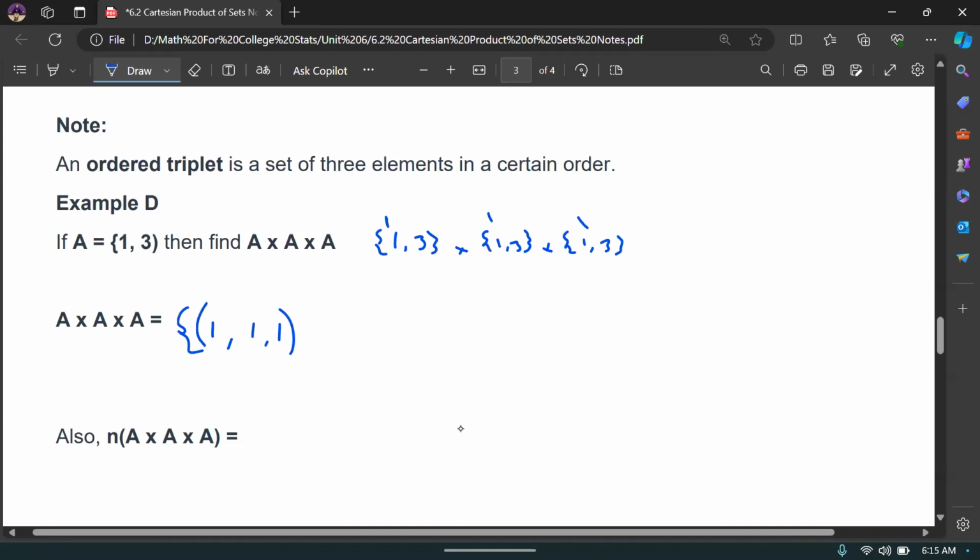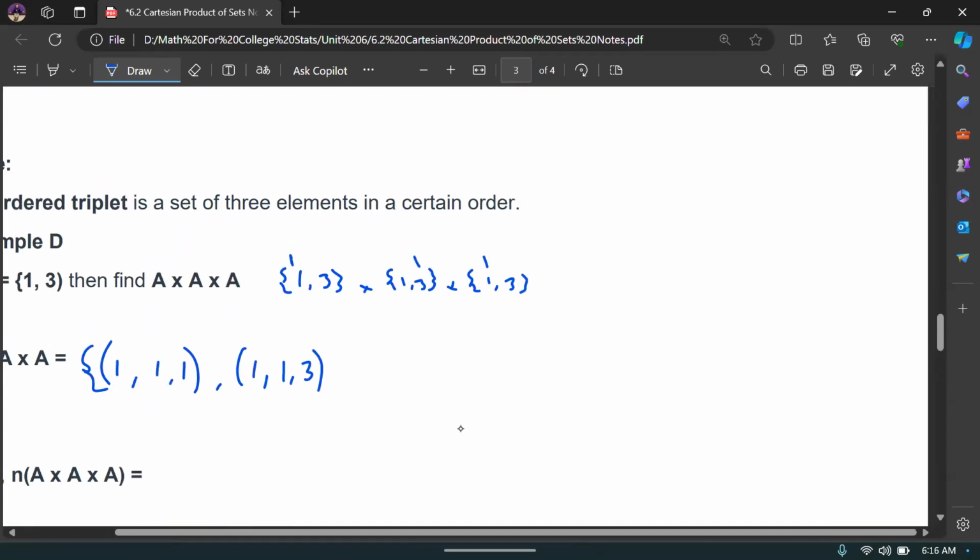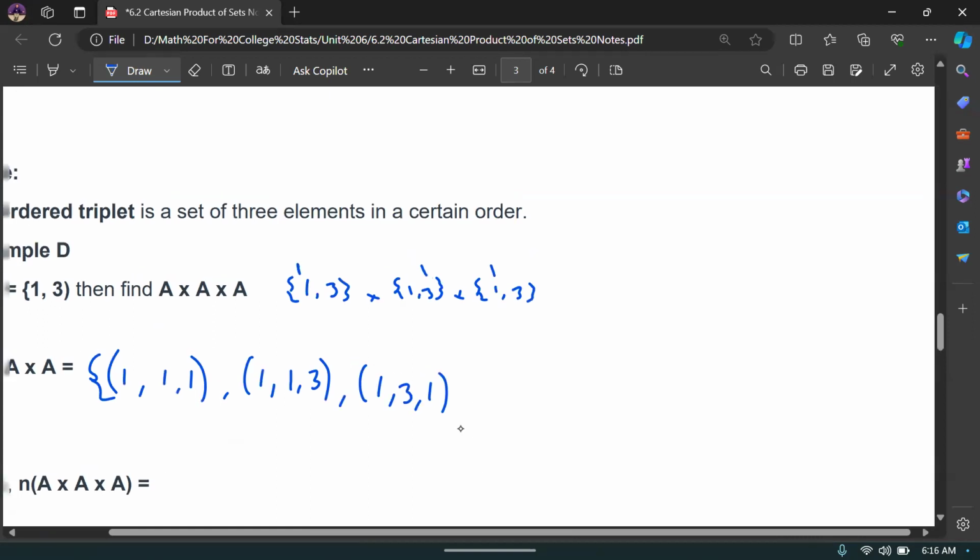We're going to have the 1 with the 1 with the 3. So (1, 1, 3), right? Then I'm going to have the 1 with the 3 with the 1, (1, 3, 1). And then we have the 1 with the 3 and the 3, (1, 3, 3). So again, it's every combination basically. That's what we're looking for, right? (1, 1, 1), (1, 1, 3), (1, 3, 1), (1, 3, 3), right?